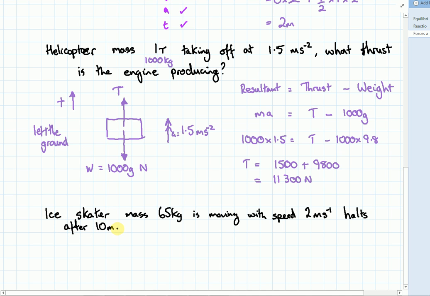And the question is, what's the resistive force?